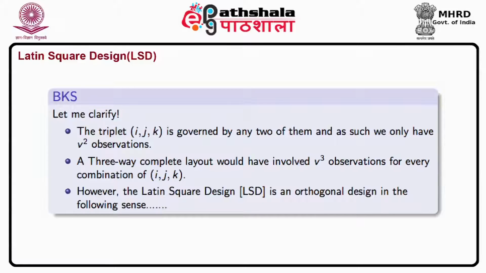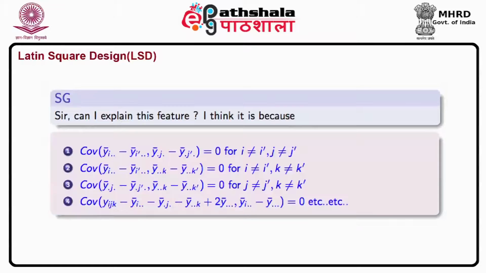However, the Latin square design is an orthogonal design in the following sense. So, can I explain these features? I think it is because the covariance between y bar I naught naught minus y bar I prime naught naught and y bar naught j naught minus y bar naught j prime naught is equal to 0, etc. Let's try to understand.